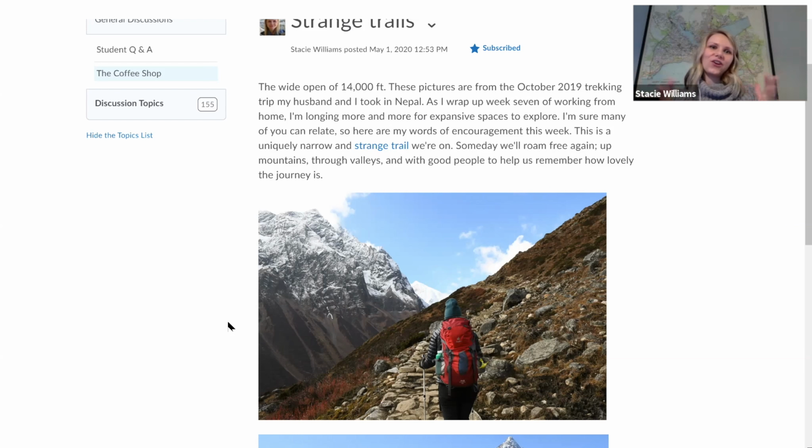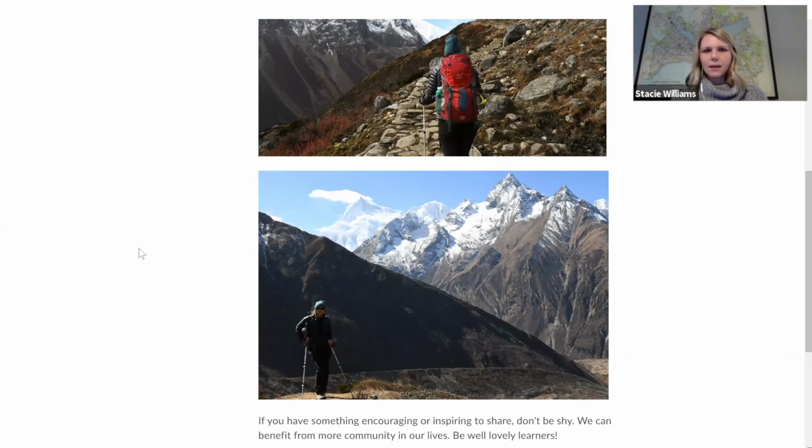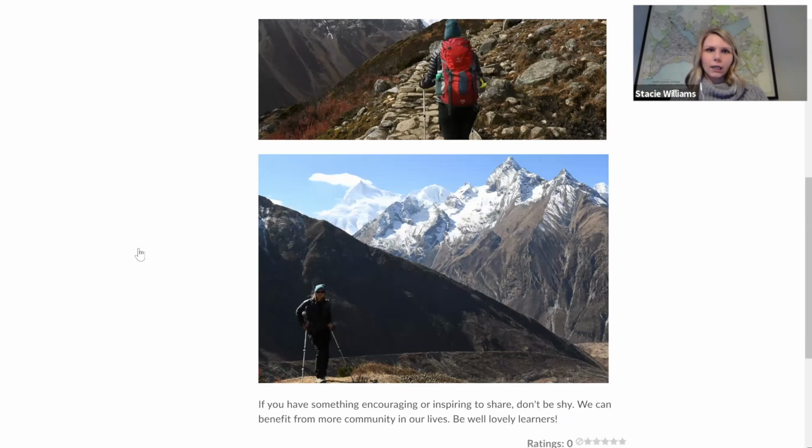And then I just included an encouraging word there that was more of my metaphorical way of thinking about being out in the wide open again. And in my class all over the place, I have little links to things. So this link here takes students to a song on YouTube that relates to this topic. And I have just a couple of images that I inserted here.